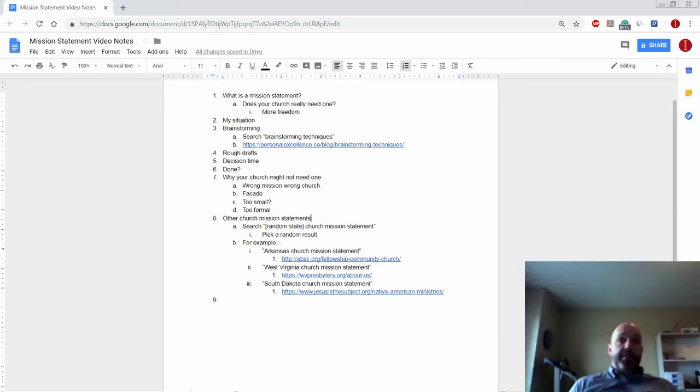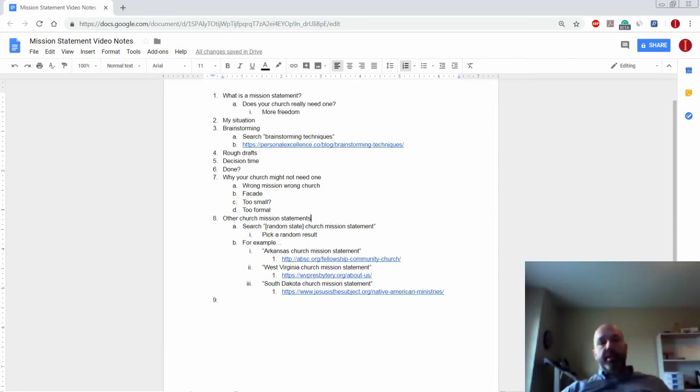And frankly, looking at other churches' mission statements is probably a good exercise to do beforehand anyhow. Because again, it puts you a little bit in the mind of other individuals who've been in similar circumstances, and will get your mindset in a mission statement setting.